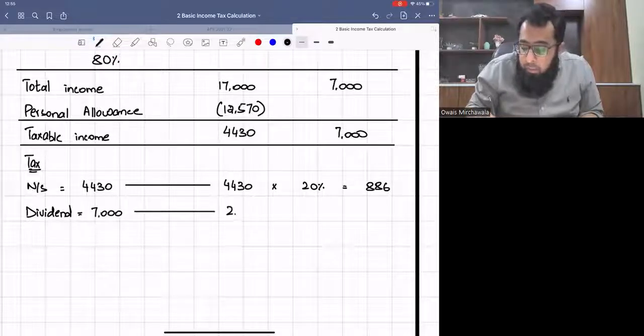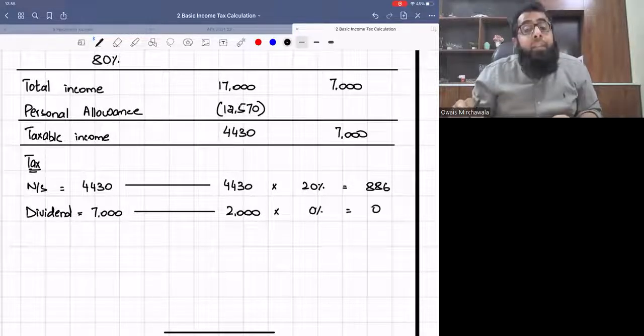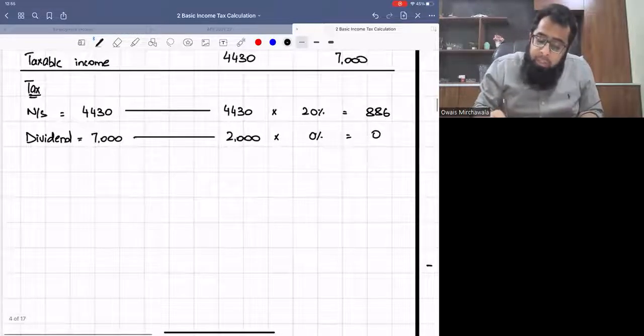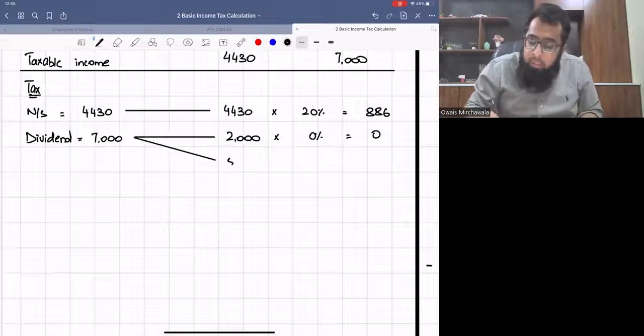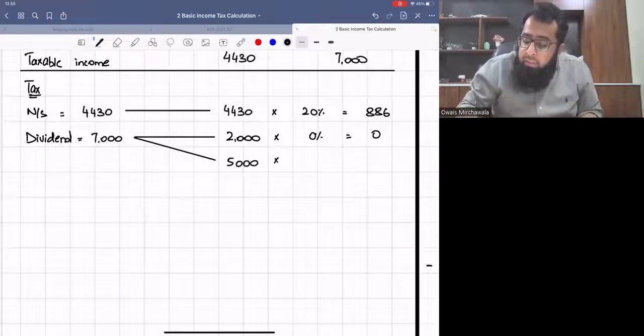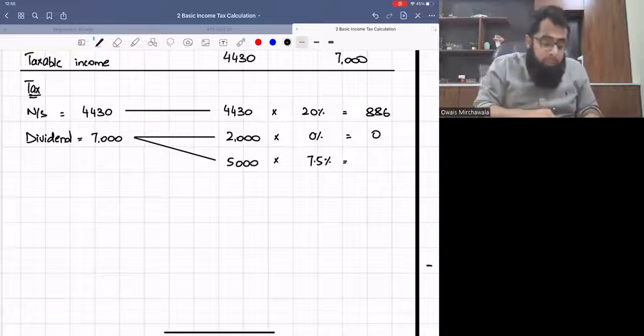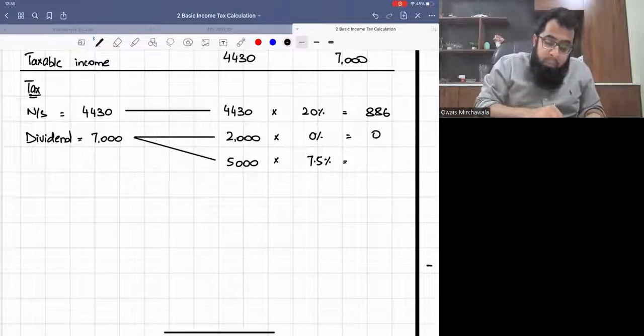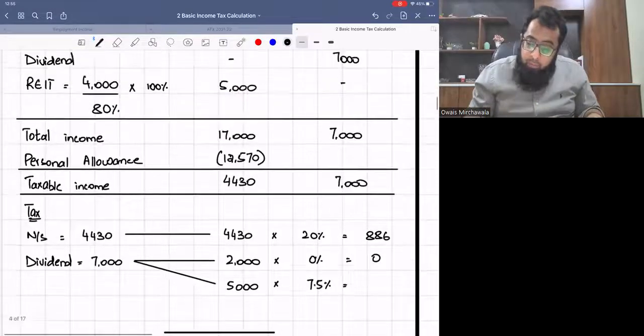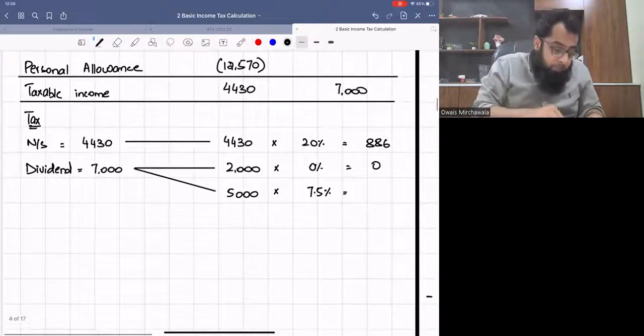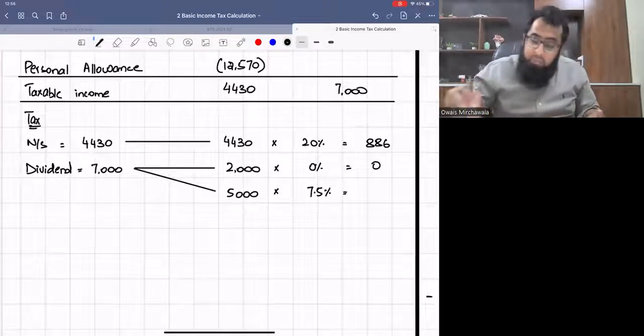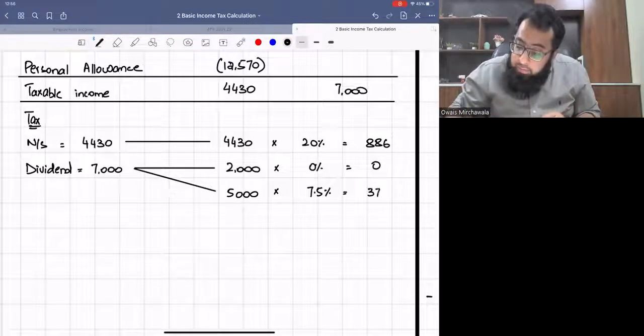On the first 2,000, it will be 0%. So it will be 0. And obviously, the basic rate band continues till 37,700. So the entire dividend will come in the basic rate band. The remaining 5,000 goes at 7.5%. So it's 375.